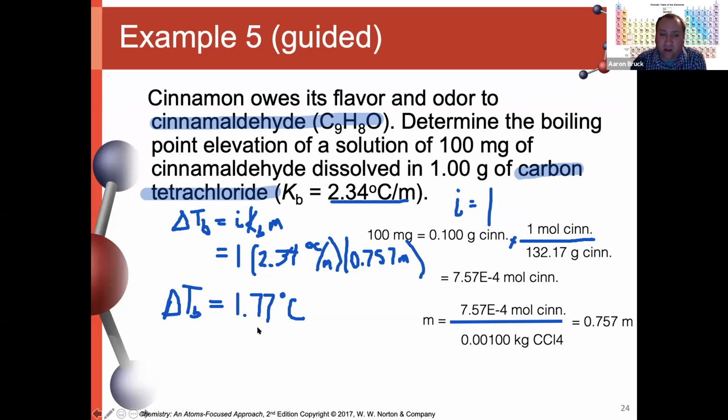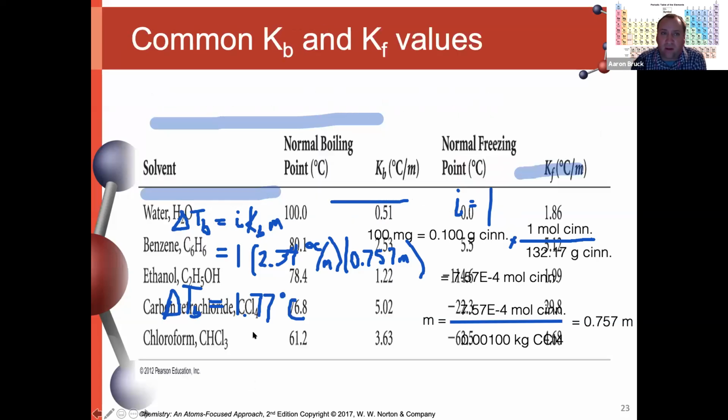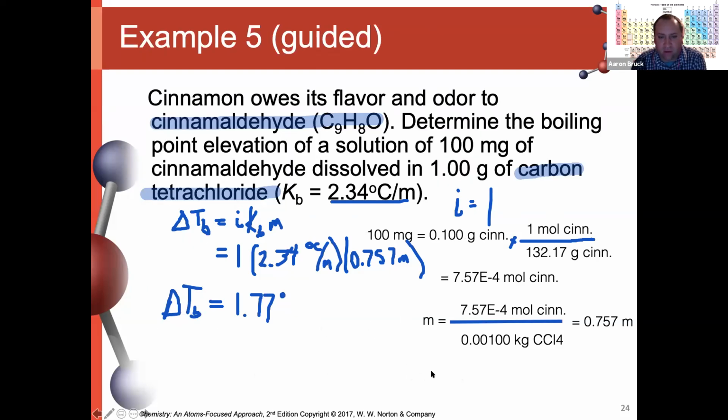If I wanted to know the boiling point, I would need to go back here and look at carbon tetrachloride and see, okay, carbon tetrachloride boils at 76.8 degrees Celsius. And so I would add that value to this.